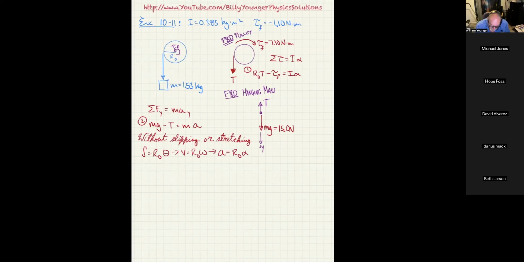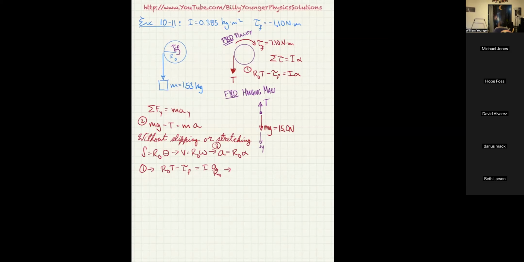So I'll call this equation 3. Let's take equation 1, and replace alpha with a over R0, so I get R0 T minus tau friction is equal to I times a over R0.